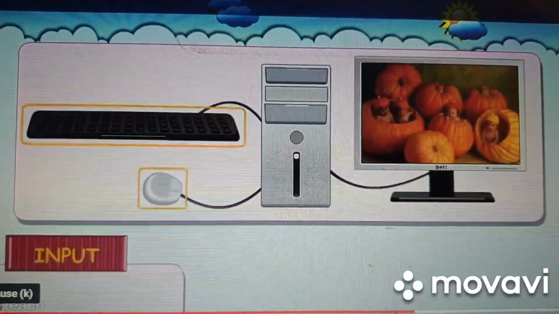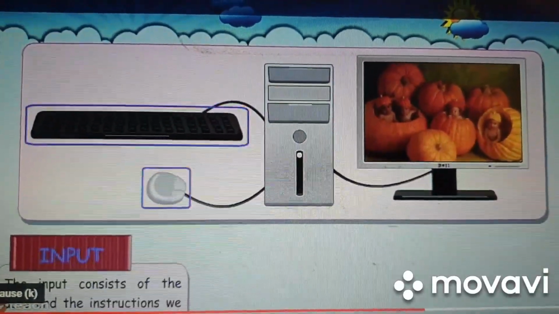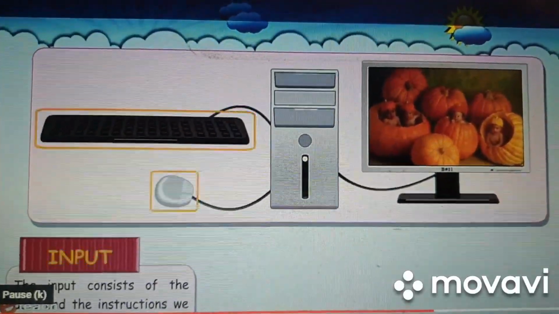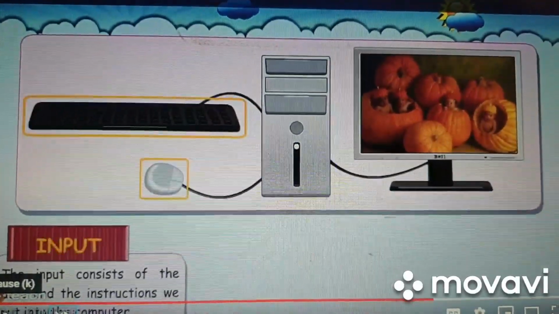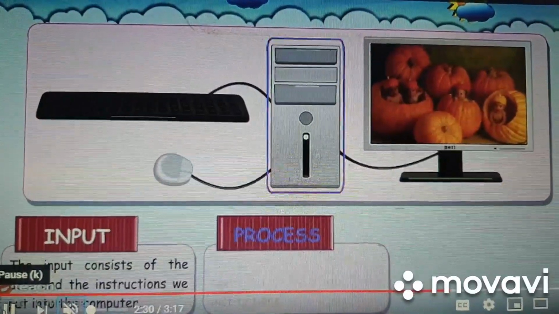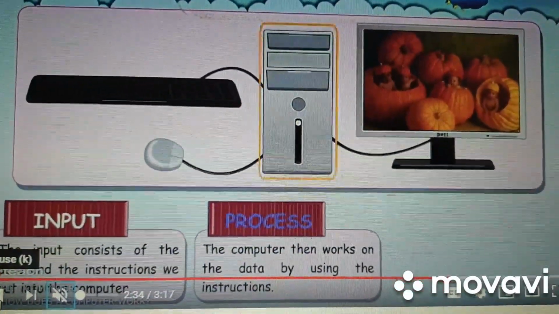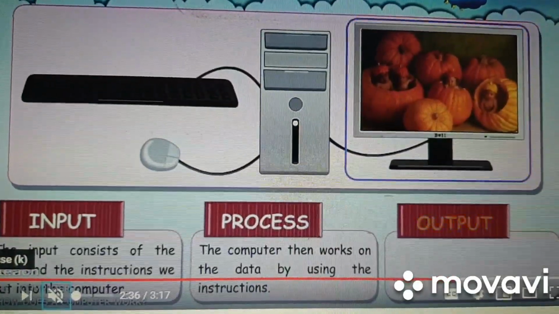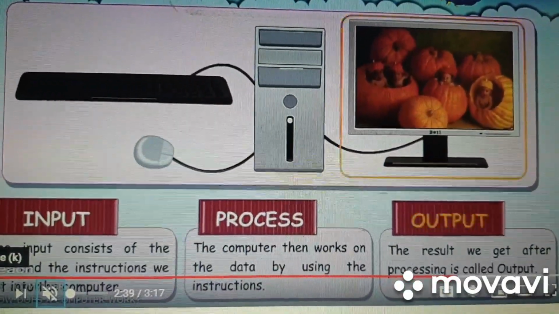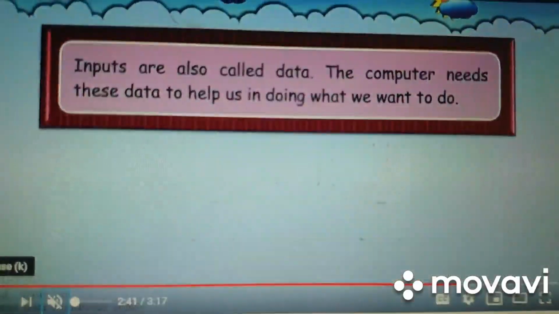Input. The input consists of the data and instructions we put into the computer. Process. The computer then works on the data by using instructions. And finally, the output is the result we get after processing.